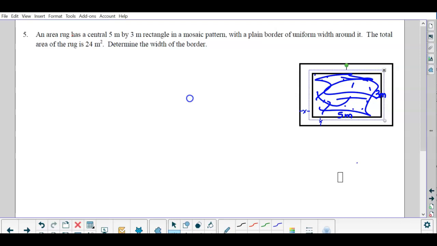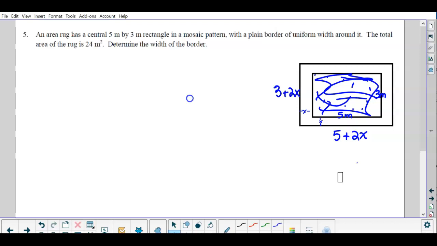If this is 5 in here and the width is x. Think again. 5 plus 2x. You can't just add them together, right? So 5 plus 2x is that. And then similarly here, this is going to be 3 plus 2x.